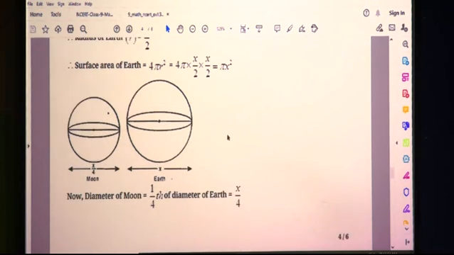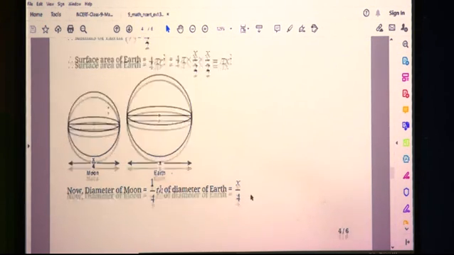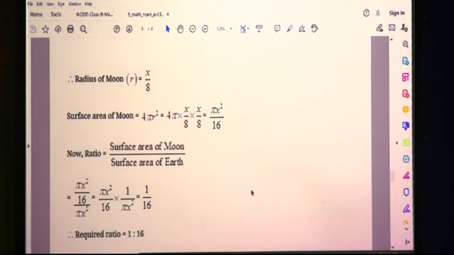Now, for the moon, diameter of moon is 1/4 of the diameter of earth. How much is the diameter of earth? It is x. Therefore, diameter of moon will become x upon 4. And what further? Surface area of moon is what? 4 pi r square, 4 pi into.